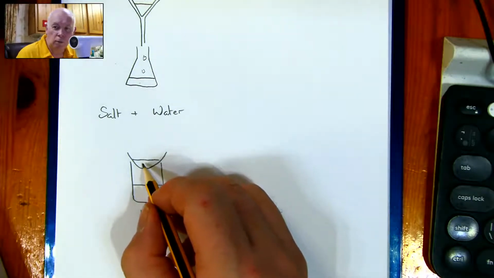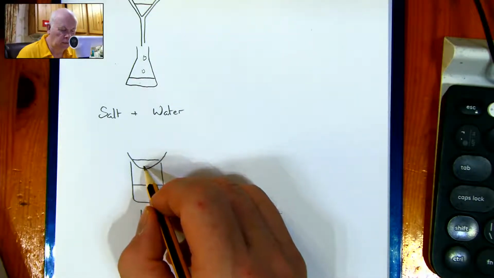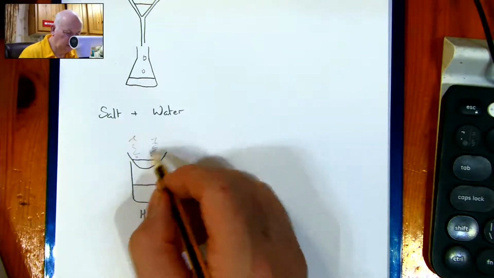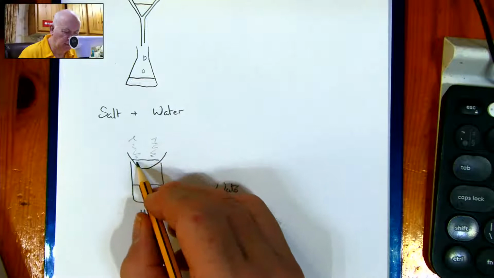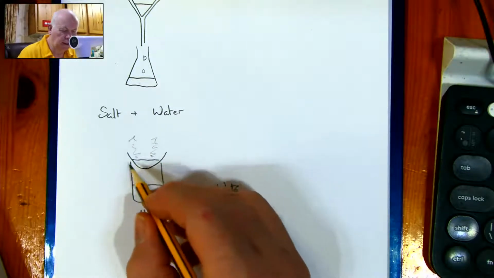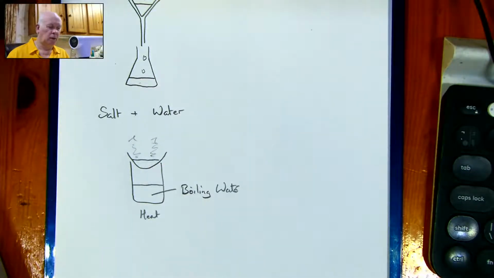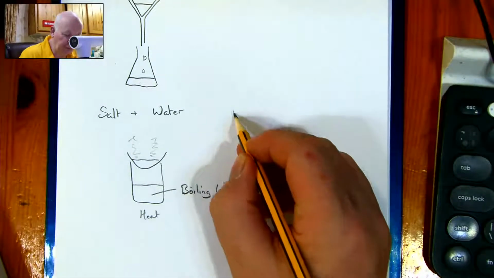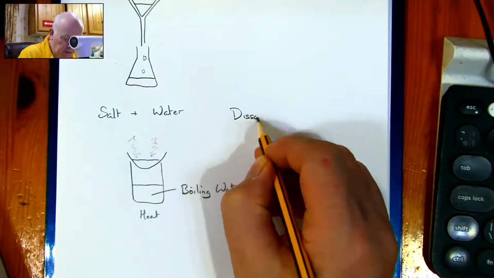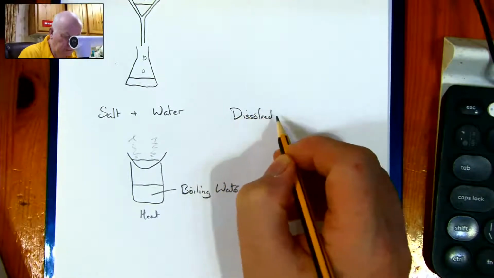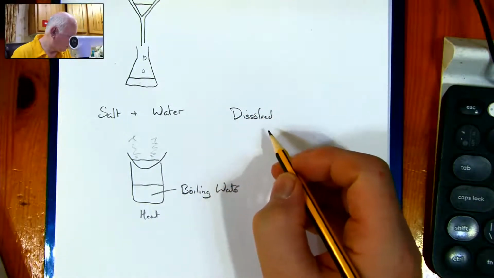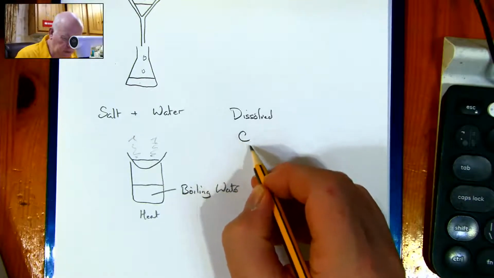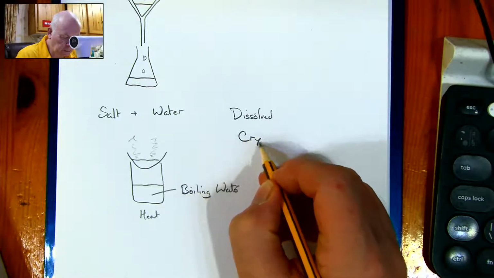This salty water will also get hot. The water will evaporate and it will leave for us the layer of salt. So if we've got something that is dissolved, then we need to separate these, and we'll call this process crystallization.